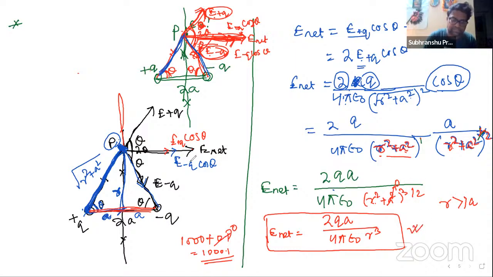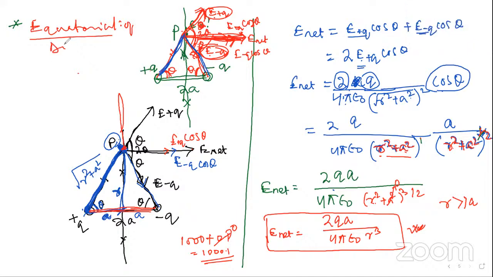If this question is asked in the board exam, that derive the expression for the electric field at a point P on the equatorial line of a dipole, then you have to derive up to this. Will they not ask for the axial one?